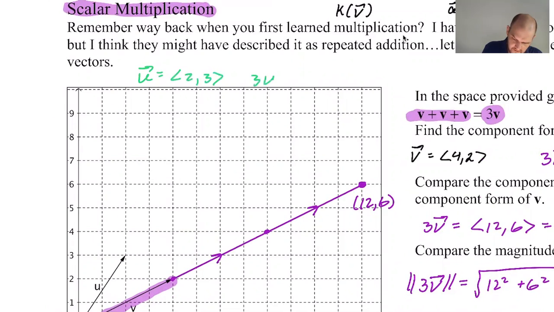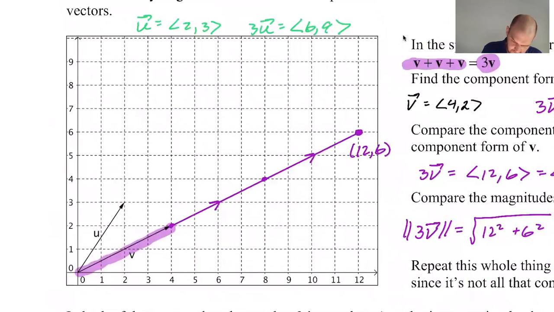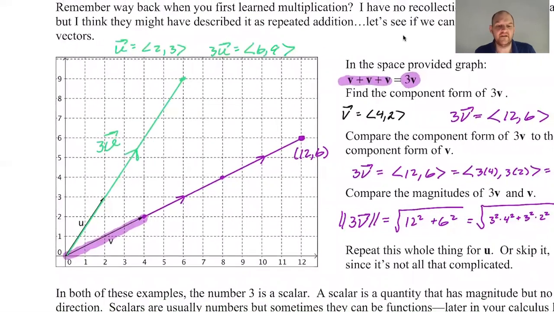So 3u is going to be 6, 9. And then here, this will be 3u, and its component form is 6, 9. The magnitude of 3 times u is 3 times the magnitude of u. It can't be anything else.